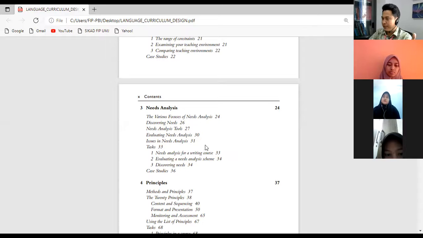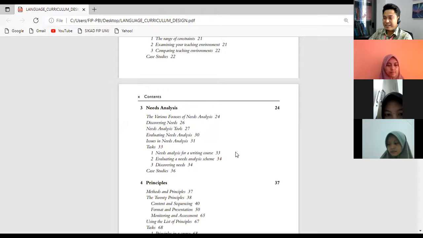Based on whose opinion does this book refer to, McAllister or Richard?